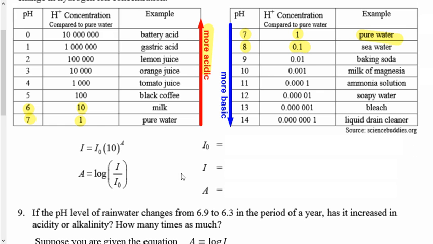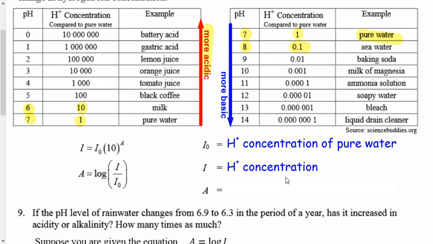So you'll see these two equations that I put here on the left. Our I sub 0 is going to be the hydrogen ion concentration of pure water. So we're looking at that as being our reference point. The I would be the hydrogen ion concentration of whatever substance we're looking at, and A would be the pH value.